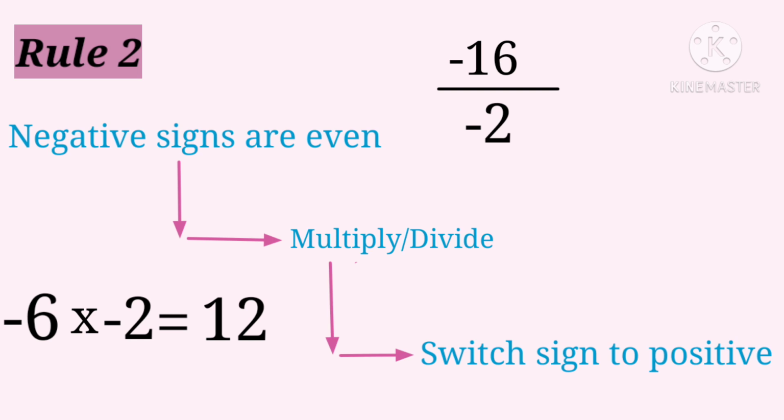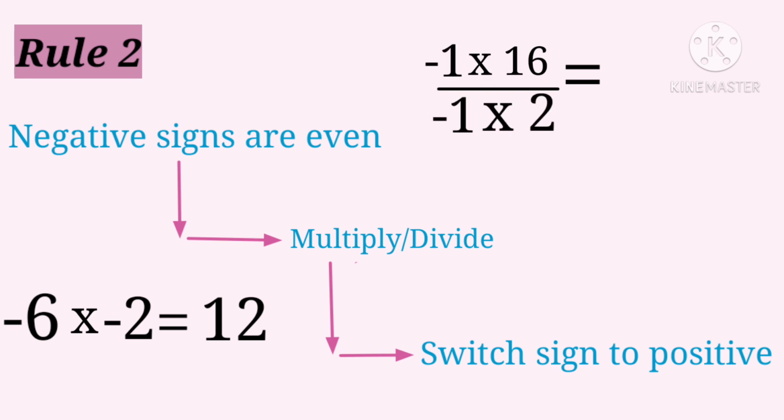Negative 16 divided by negative 2 will result in positive 8. To make it clearer, we could factor out negative 1 from both numbers. And since negative 1 is a common factor of both numbers, it can be cancelled. And we all know that positive 16 divided by positive 2 will result in positive 8.